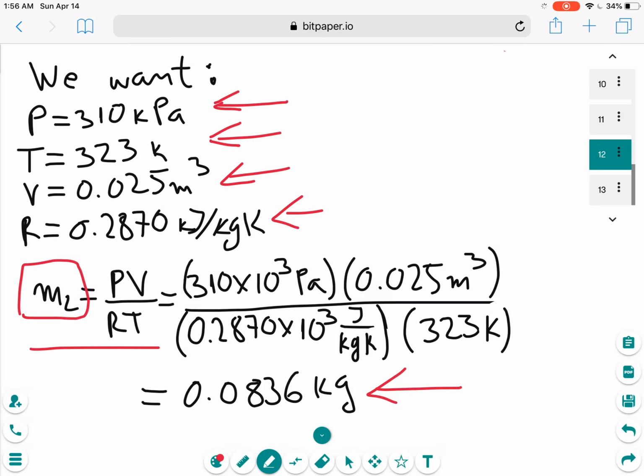So I will take all of the units that are given in this equation. So I'll take pascals, for example, and I know that's Newton over meter squared, and then I'm multiplying that by cubic meters. So I'm canceling out these two and these two, and I get Newton meters, but Newton meters are joules.